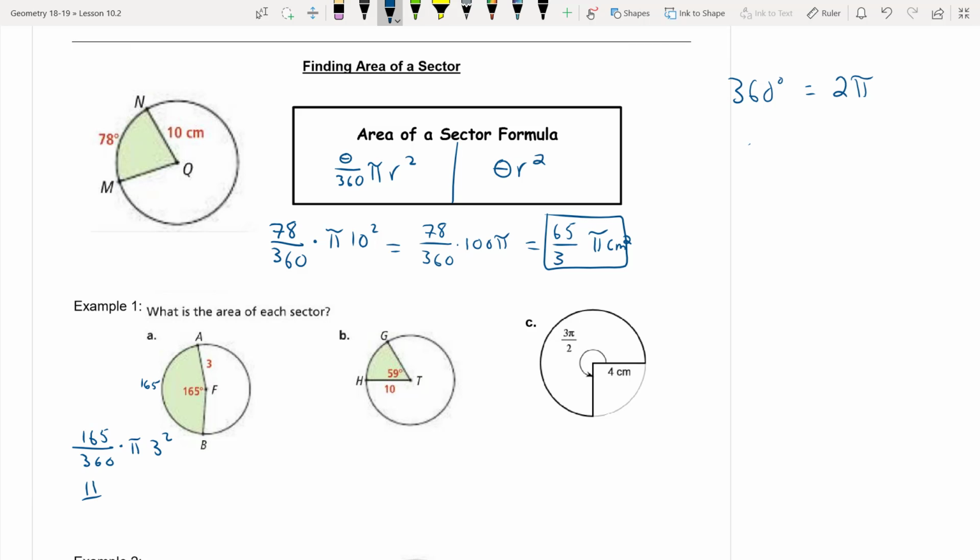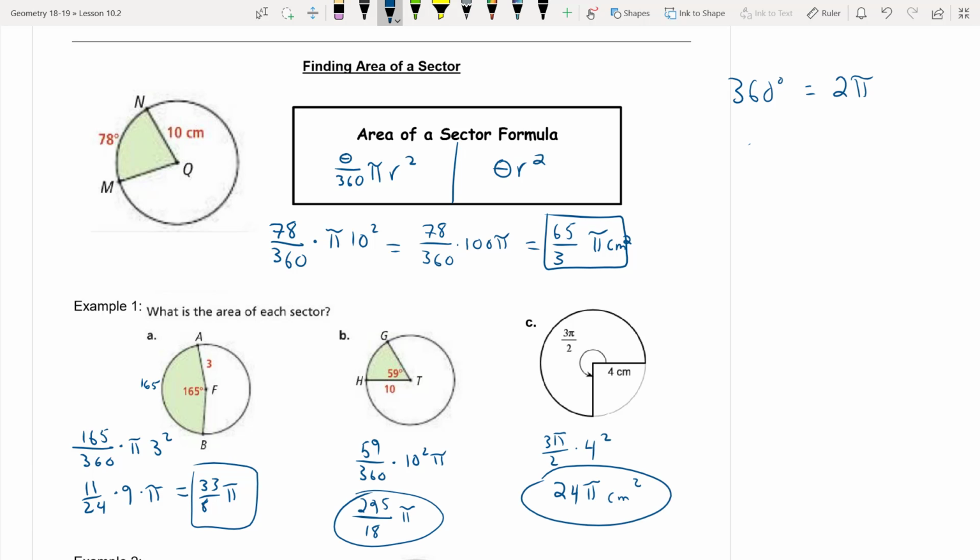So I've got 11 over 24 times 9 times pi. And that equals 33 over 8 pi. That's my final answer there. Go ahead and try B and C. B is going to use the degree formula. C is going to use the radian formula. And when you come back in, the answers will be there.